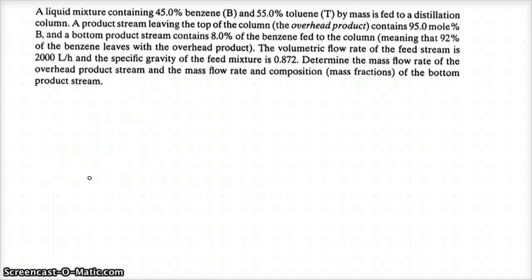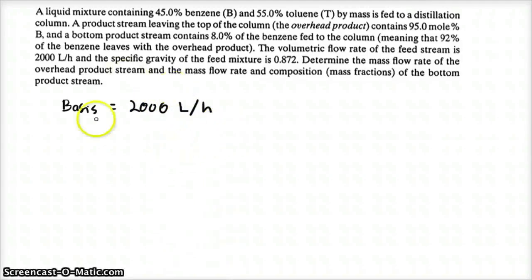In the general procedure, the first step is to choose the basis. From here, the basis is 200 liters per hour. So just write it here. The basis is, not 200, 2000 liters per hour.